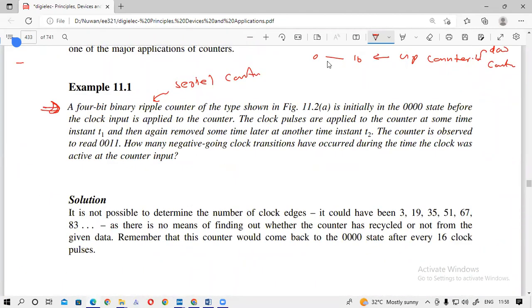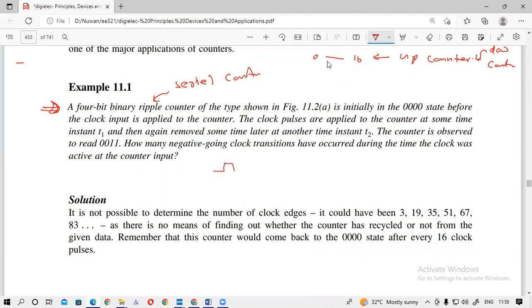So we will do the example first. You can see that it is initially in the 0, 0 state. Before the clock input is applied to the counter, then the clock pulses are applied to the counter. So we have those flip-flops.